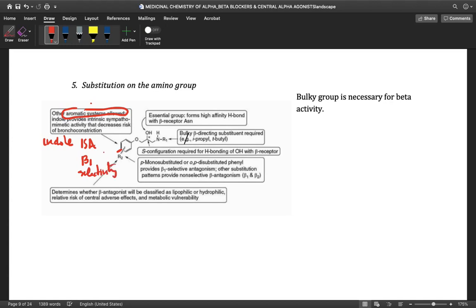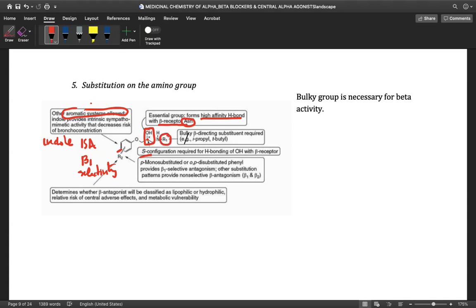Beta 1 selectivity for ortho-para substitution. The hydroxyl group here is essential to form a high affinity bond with the asparagine of the beta receptor. Okay, and also remember this carbon has to be the S configuration.